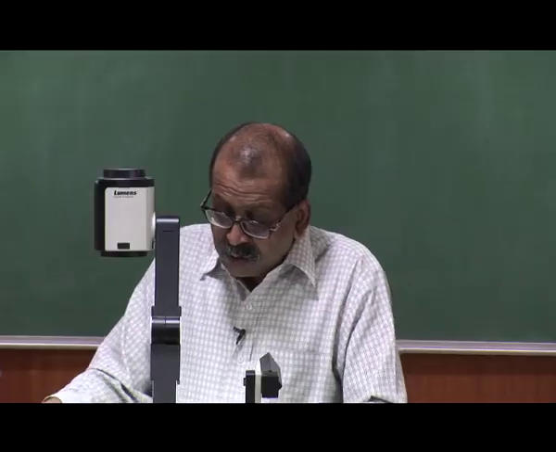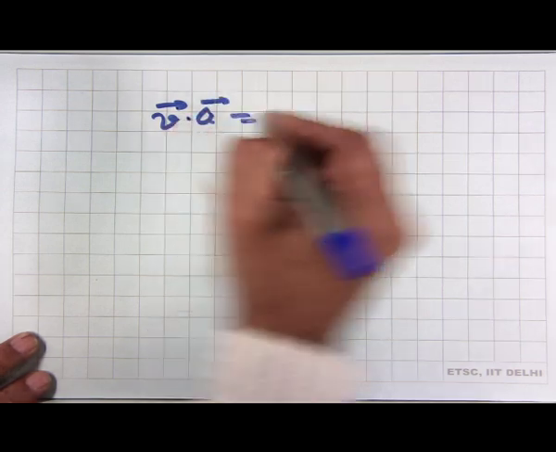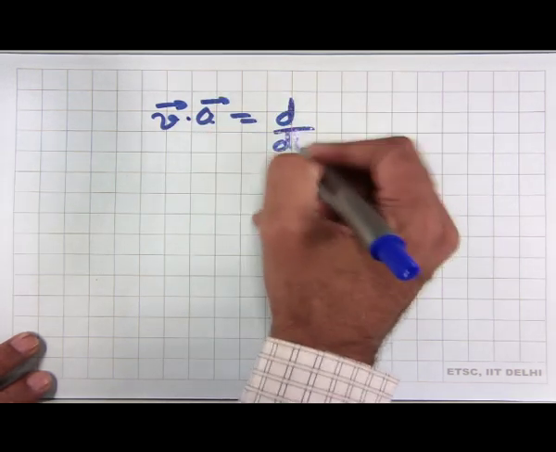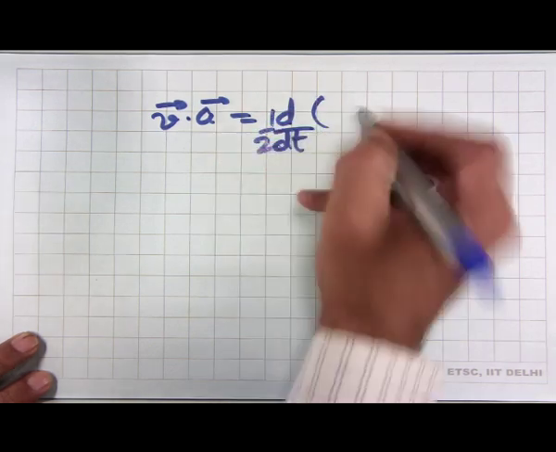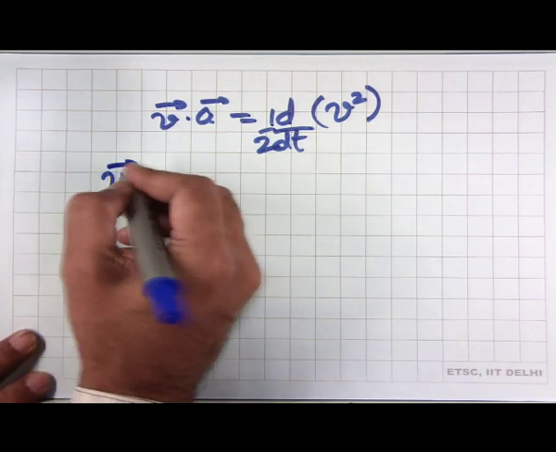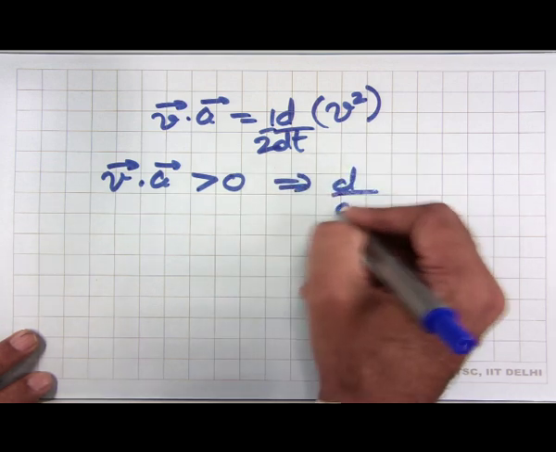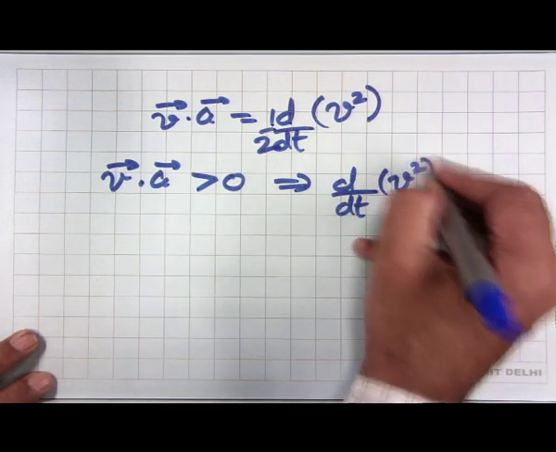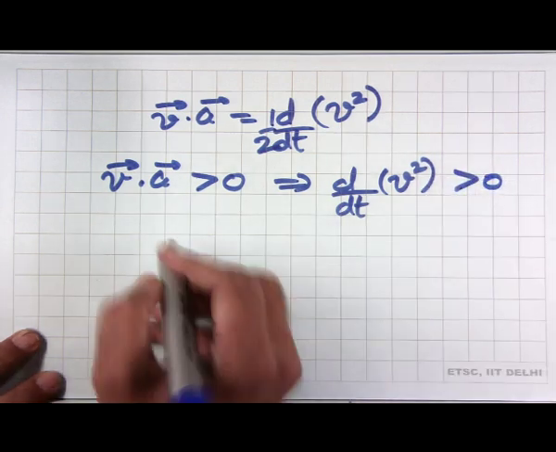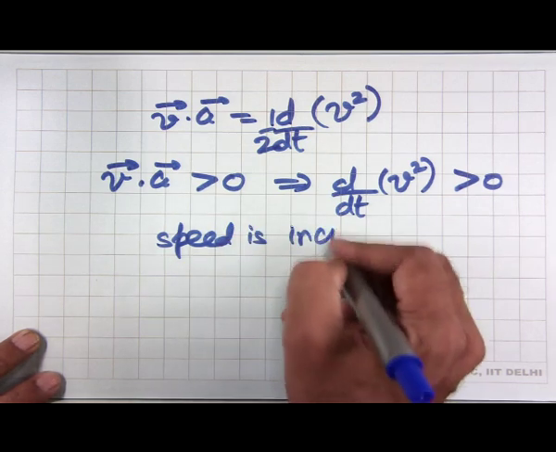So now, as we have seen, v dotted with a is equal to half the rate of change of square of speed. So if v dot a is positive, this implies d by dt of speed square is positive, and this will mean that the speed is increasing.